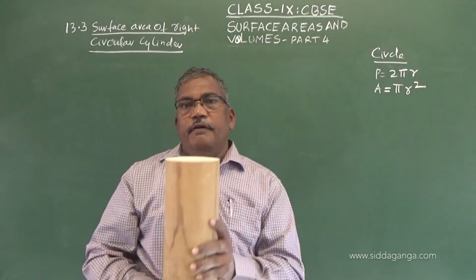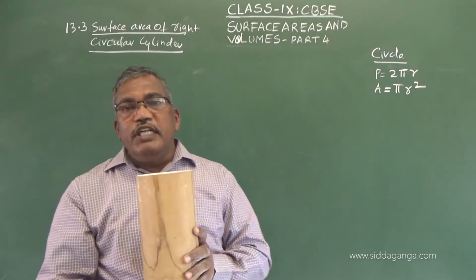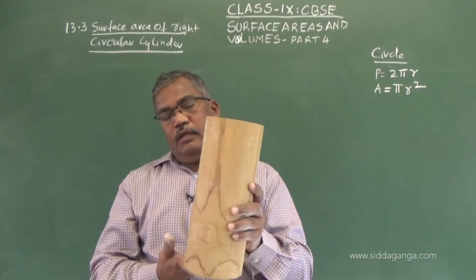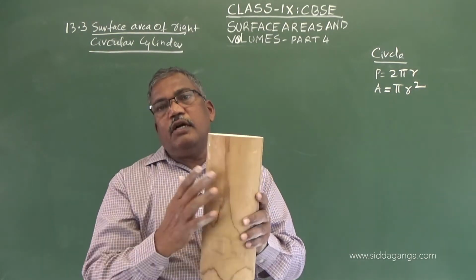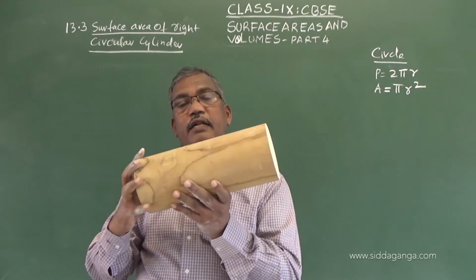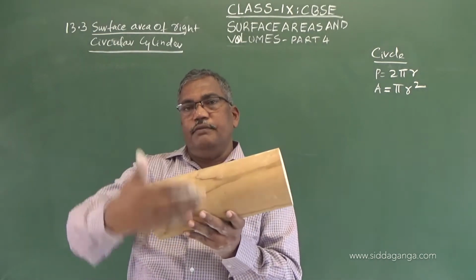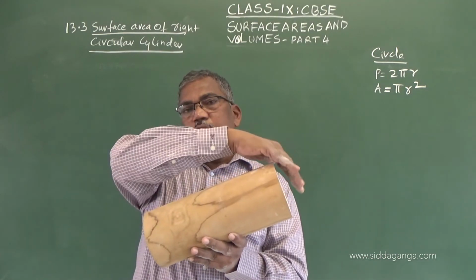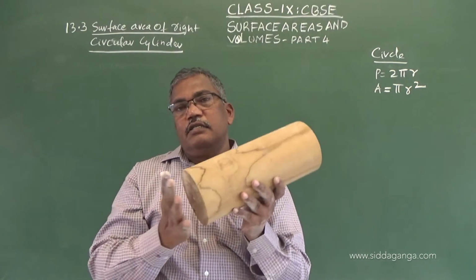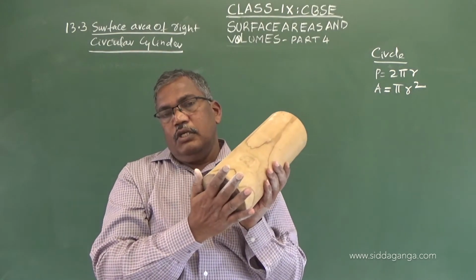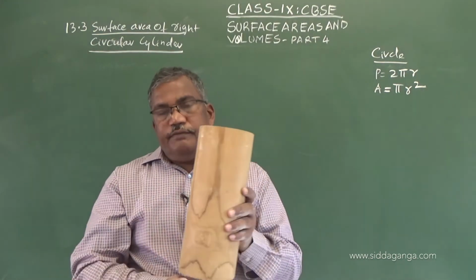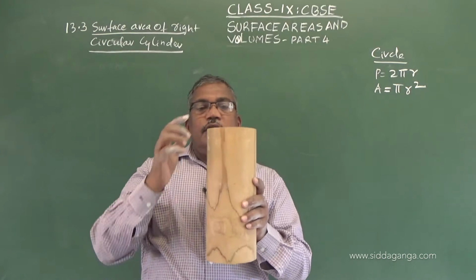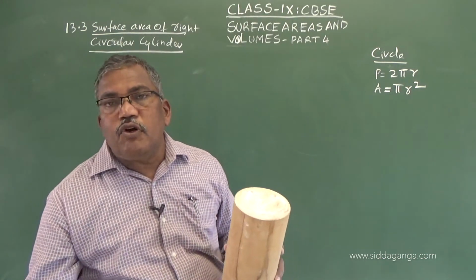In case of a right circular cylinder like this, the curved surface area is nothing but the lateral surface area. So this one, excluding the left and right circle areas. So curved surface area we call it as, and in this case, see there are two important dimensions.